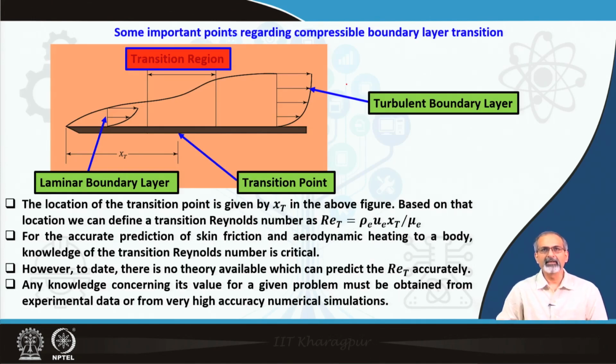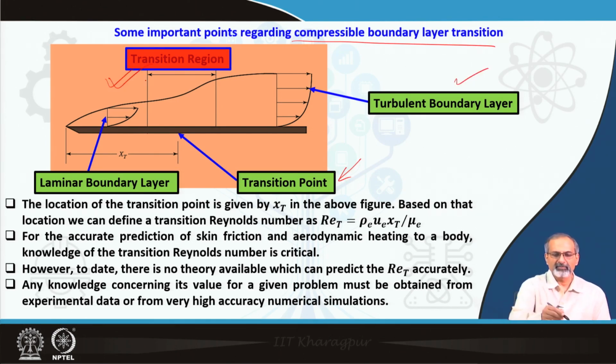And typically a compressible boundary layer will show up in this form, where portions of it are laminar close to the leading edge, and then you have a transition point which is always very difficult to predict, and then beyond it you have the turbulent boundary layer forming, and the changeover of course happens over a certain region which we call the transition region.